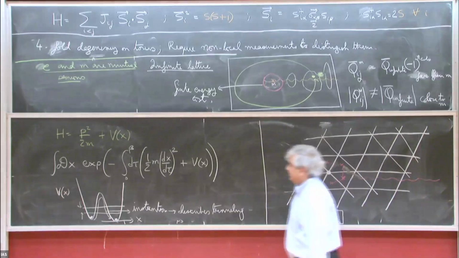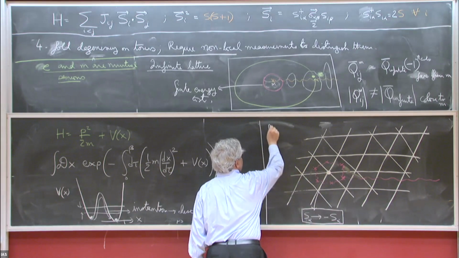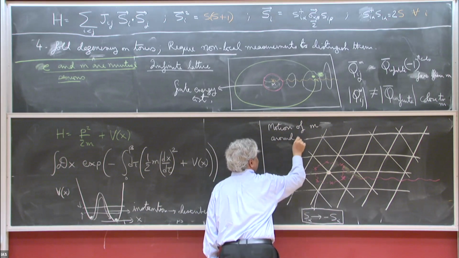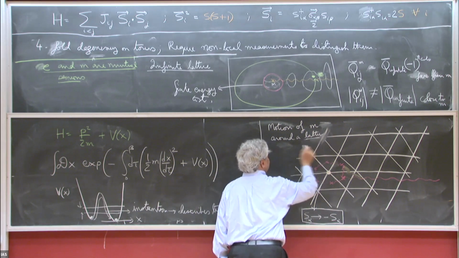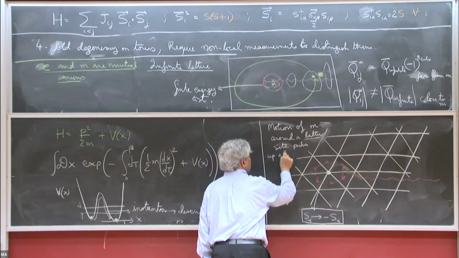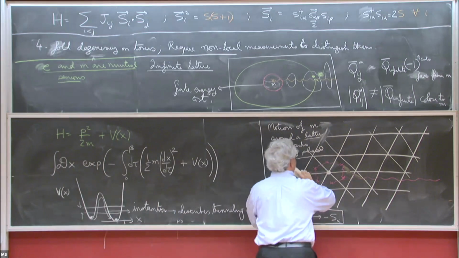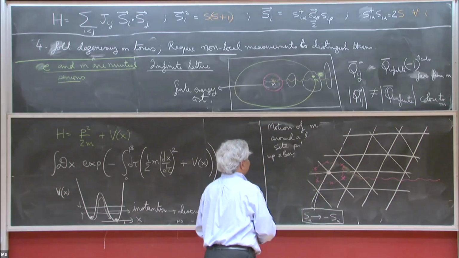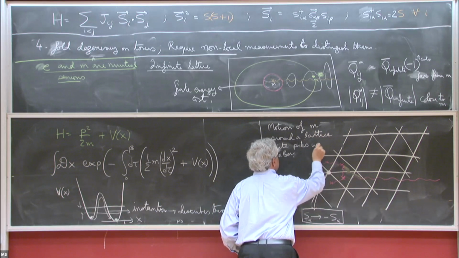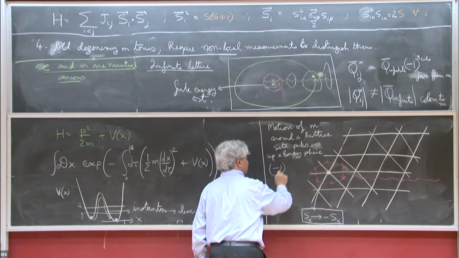So this tells me that the motion of M around a lattice site picks up a Berry phase of (-1)^(2s).